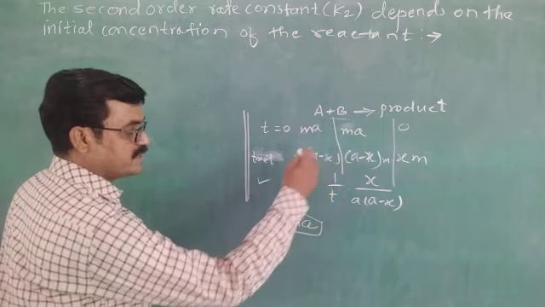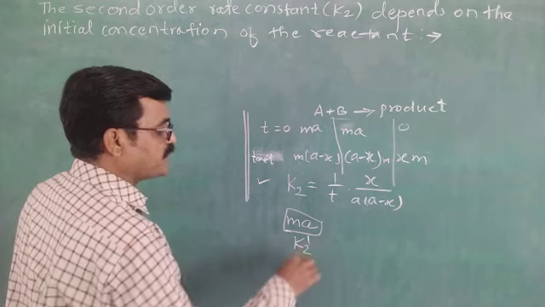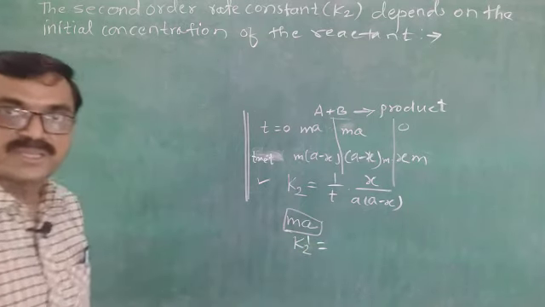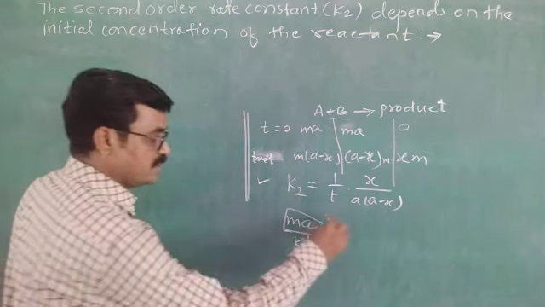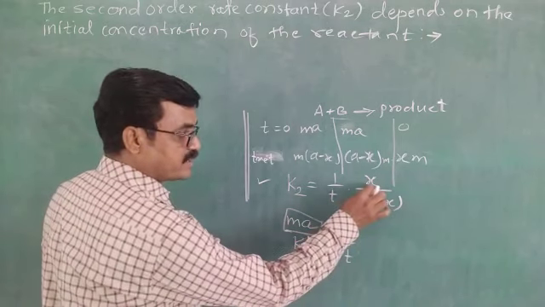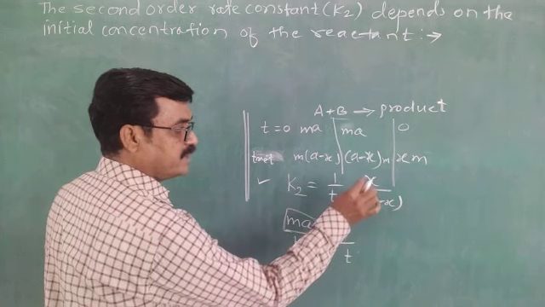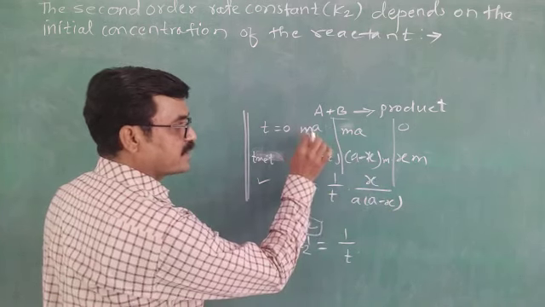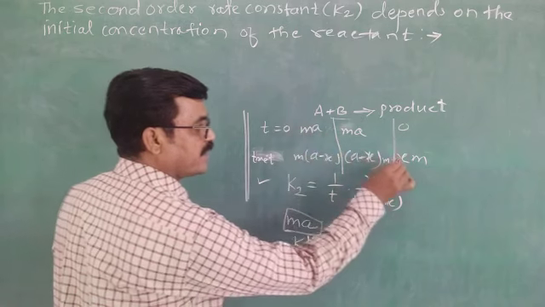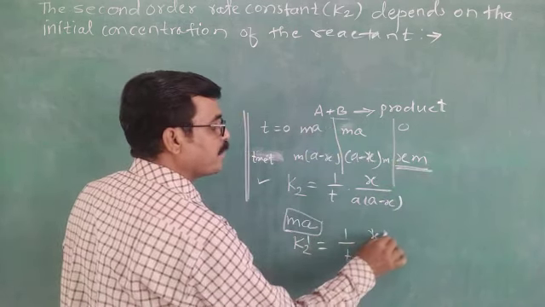Now from this, if we calculate the rate constant K2 dash, then K2 dash is equal to 1 upon t as it is. Now the concentration of product at time t, when the initial concentration is A, will be x, but here the initial concentration is M into A, so the amount of product formed after time t will be xM.